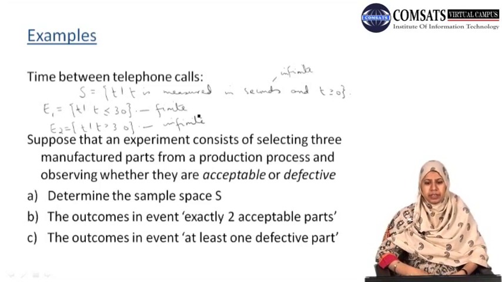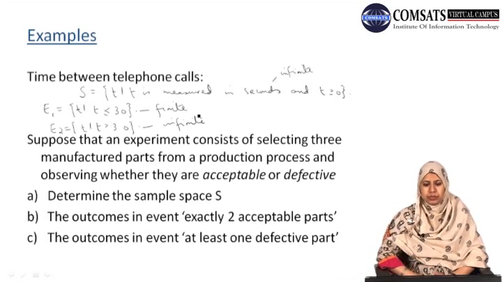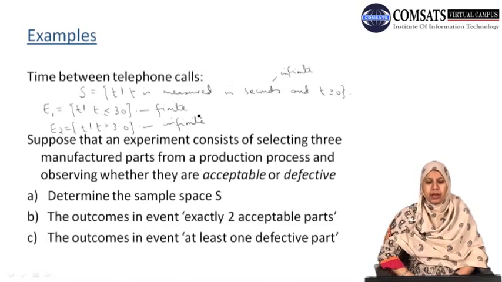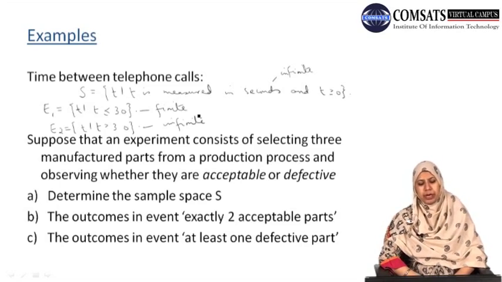Now suppose that an experiment consists of selecting 3 manufactured parts from a production process and observing whether they are acceptable or defective. We are asked to determine the sample space S, the outcomes in the event exactly 2 acceptable parts, and the outcomes in the event at least 1 defective part.